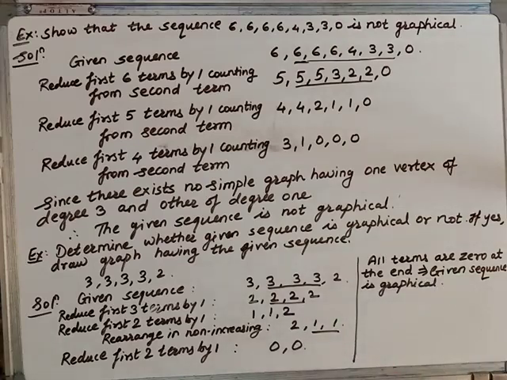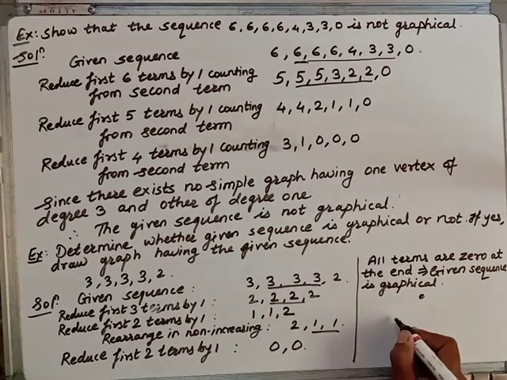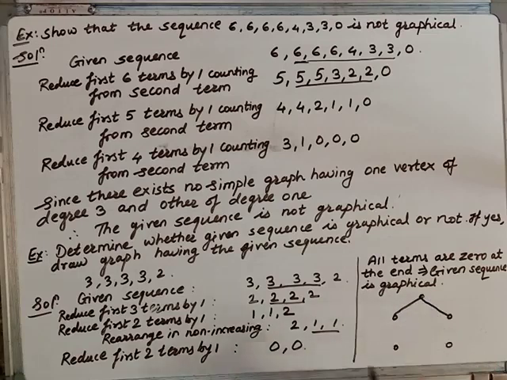Now what is the graph of this one? Maybe its graph will be, these are 5 in number, so 5 vertices will be there. Now 4 vertices are of degree 3. Let me make the first of degree 2. Suppose this is of degree 2. Then here we can join these.